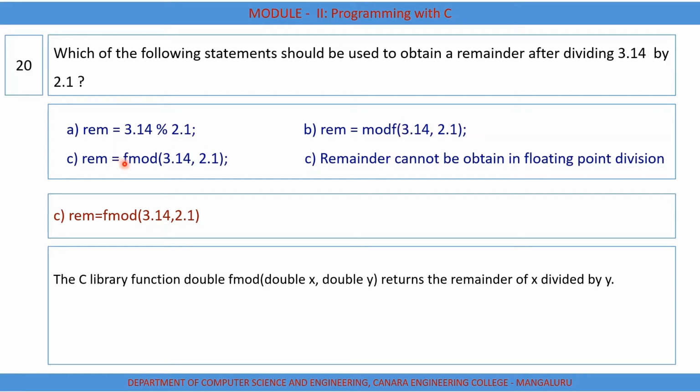Then remainder equal to f mod 3.14 comma 2.1 will give you the correct answer. fmod is a built-in function. It is defined under the math.h header file. Next, remainder cannot be obtained in floating point division is also incorrect. We can obtain the remainder in floating point division, but we have to use this built-in function.